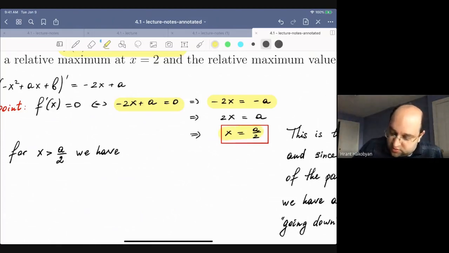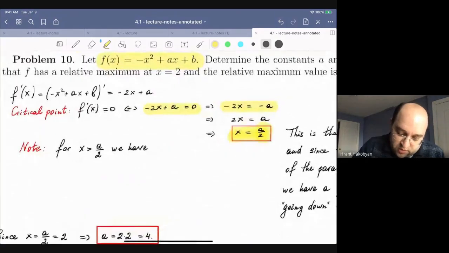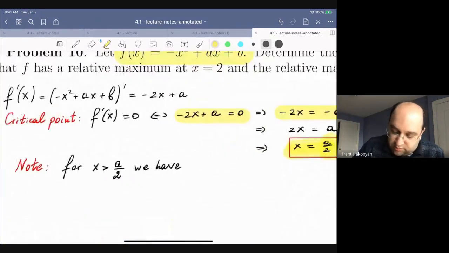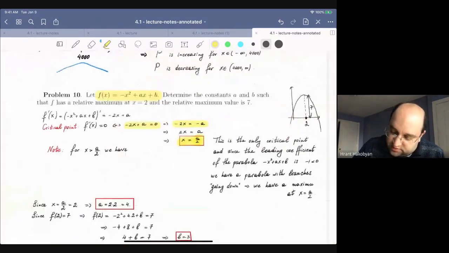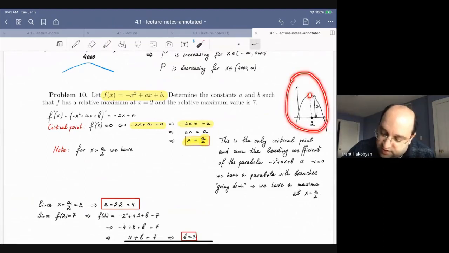So the critical point of this parabola is at x equals a over 2. And in fact, it's a maximum. It has to be a maximum because the parabola has only one place where it has a maximum or minimum, at that peak.